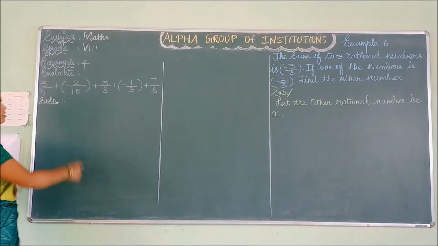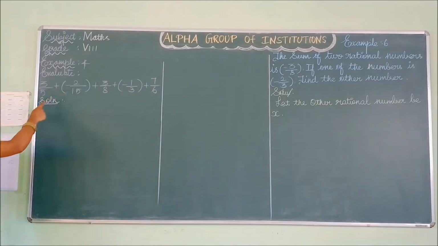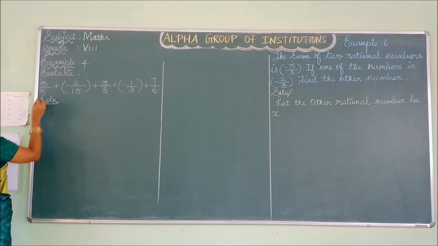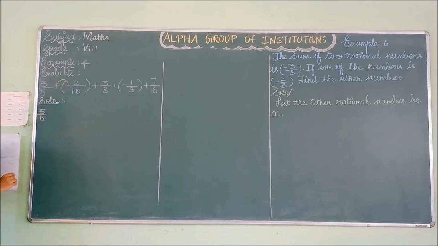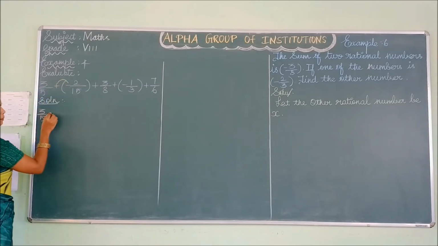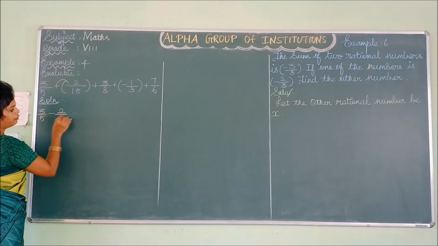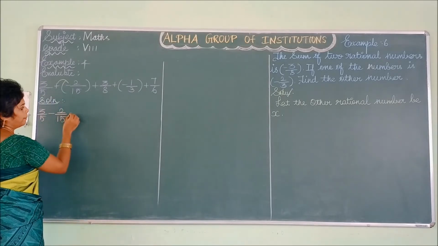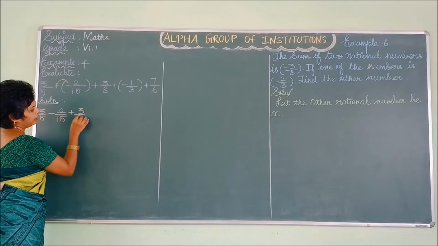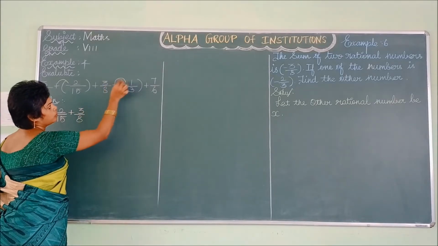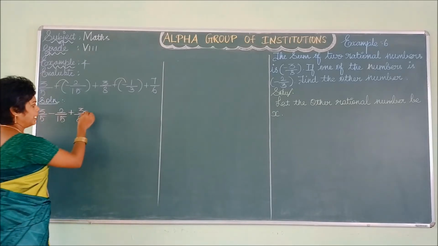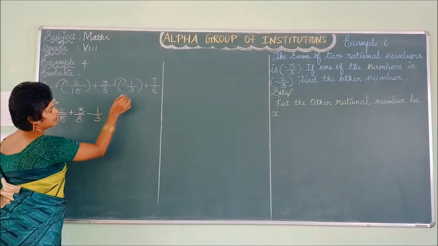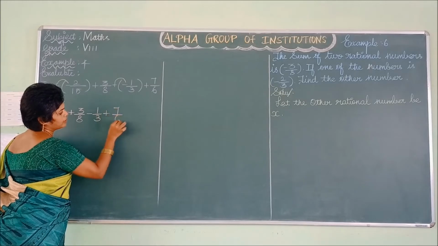Here the signs are different and given in brackets, so first you have to remove the brackets. 3 by 5, plus into minus is minus 2 by 15, then plus 3 by 8. Here also there is a bracket with interchangeable signs: plus into minus is minus 1 by 3 plus 7 by 6.